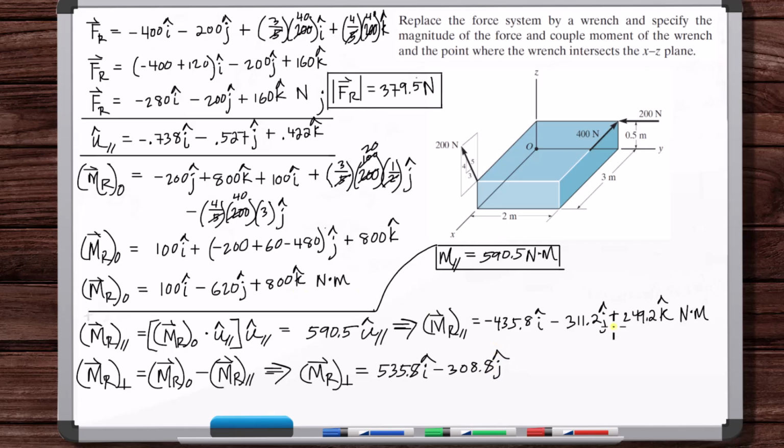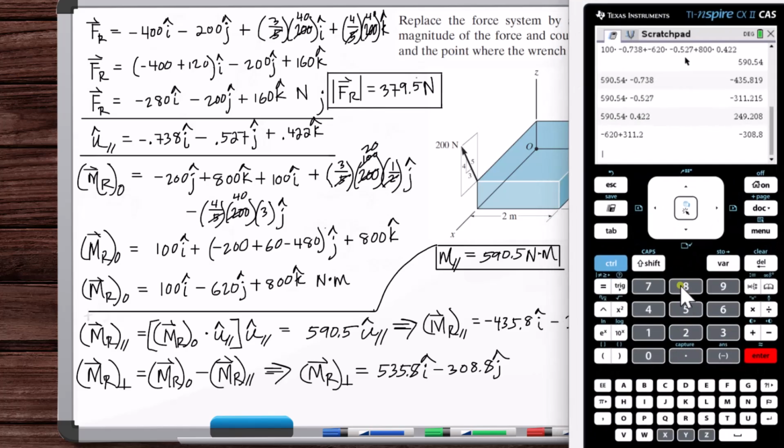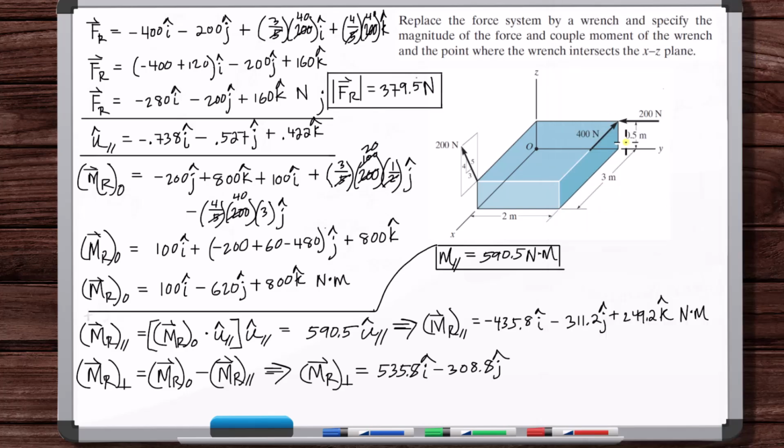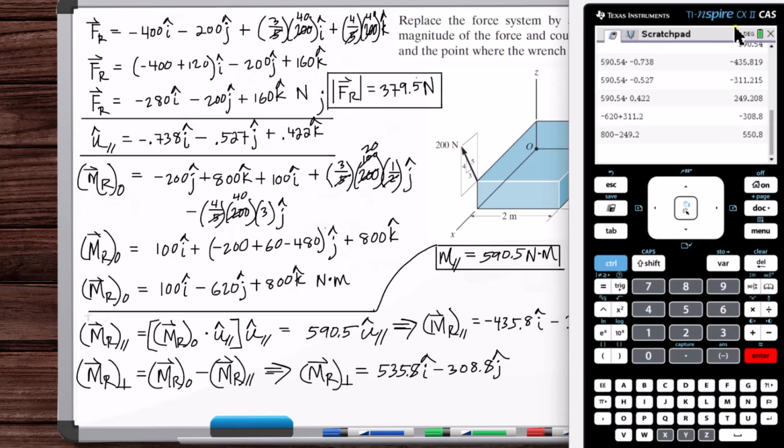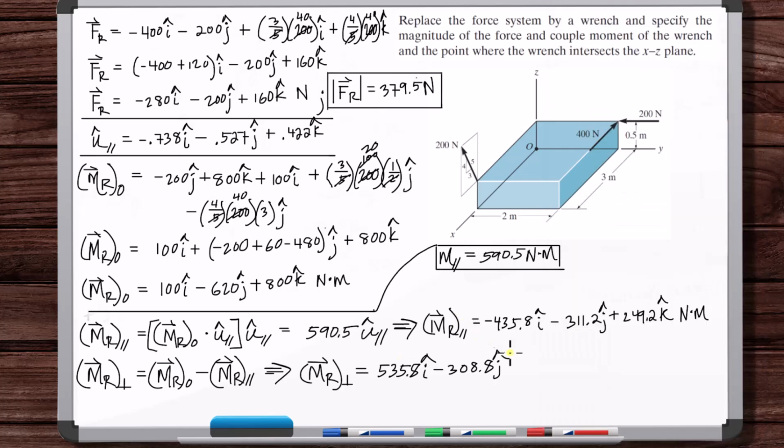Okay, 800 minus 249.2. 550.8. Okay, so there's the perpendicular component. Let's get the magnitude of this.